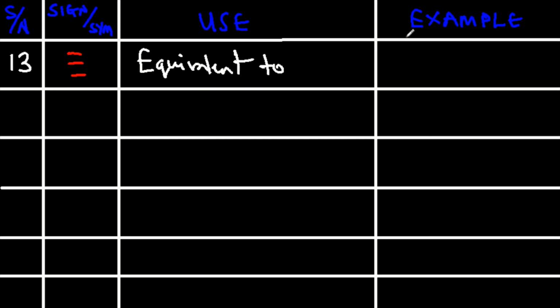For example, let's say we have 5 and we have 5.00000001. Now we can say that 5 is equivalent to 5.00000001.